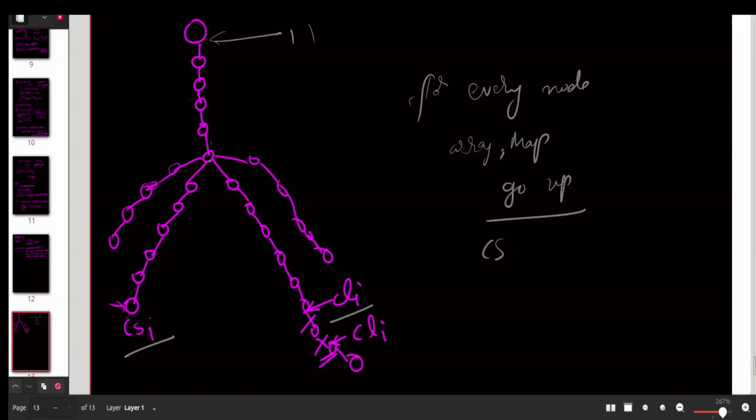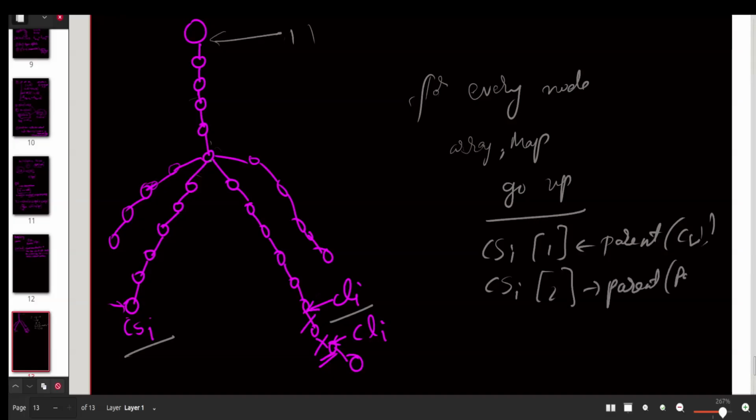It's like SI of 1 will be the parent of SI, and SI of 2 will be the parent of the parent of SI, which is like the grandparent, that is this node here. So let's say I have this array, which I found as part of tree processing.